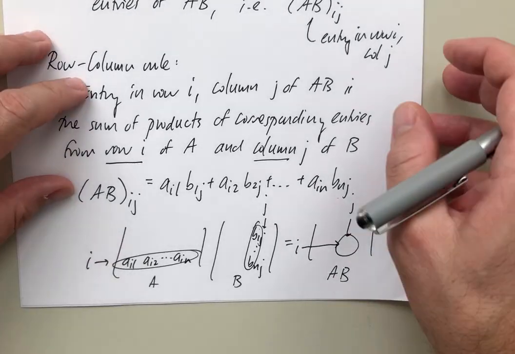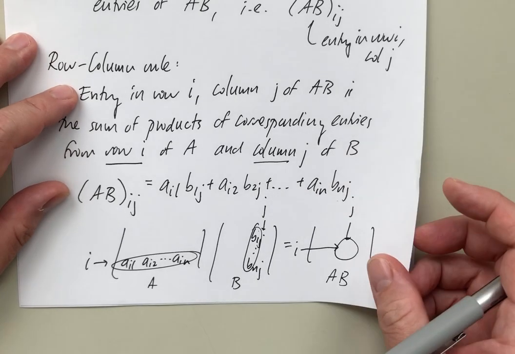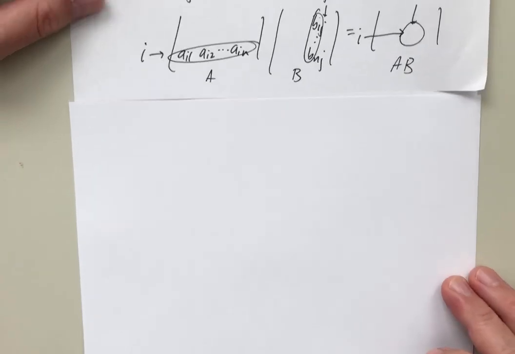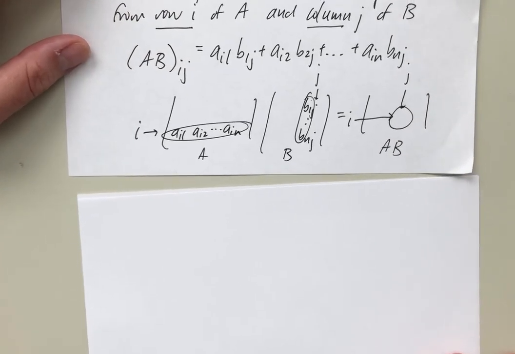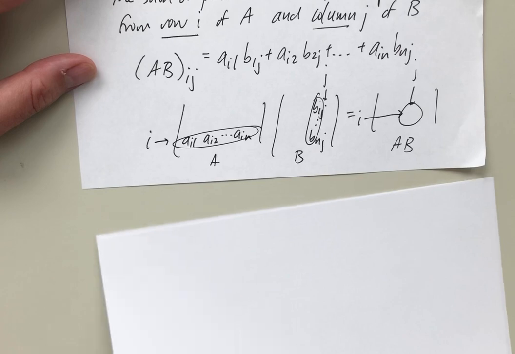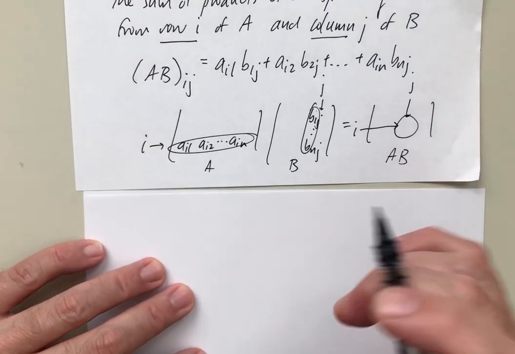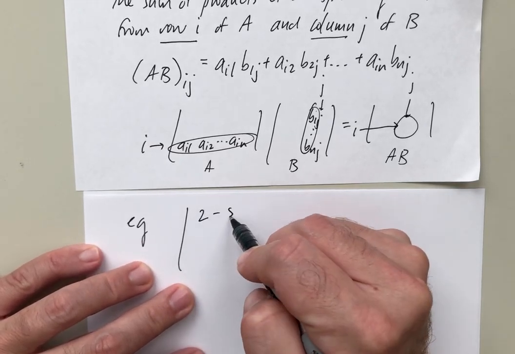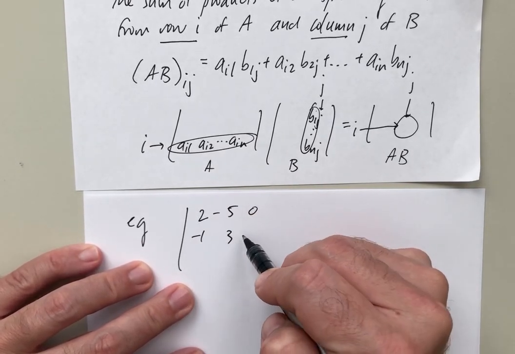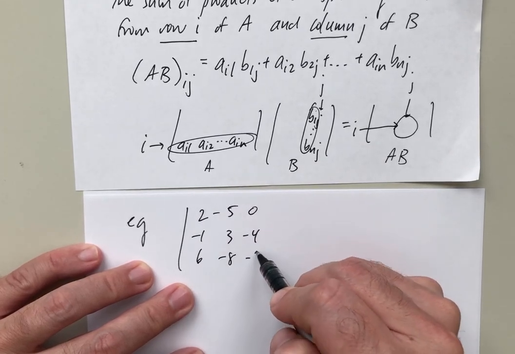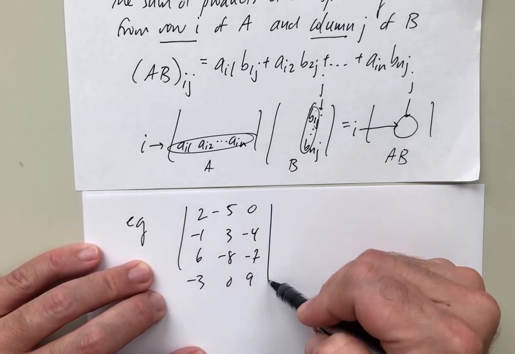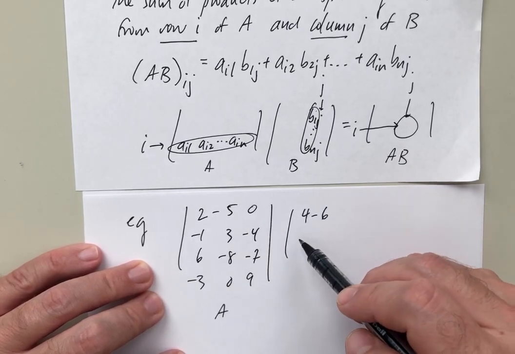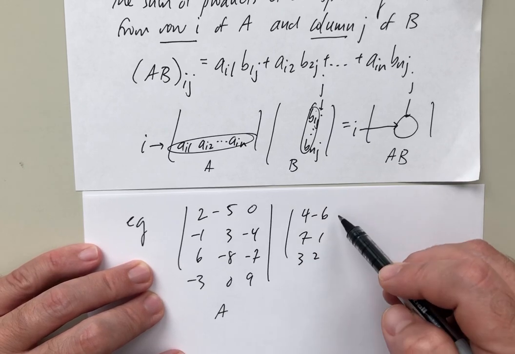A lot to take in, but let's do an example. I think you'll start seeing how this goes with an example. Let me do a big example just to see how all the various indices come into play. Let me take A to be the matrix with rows 2, minus 5, 0; minus 1, 3, minus 4; 6, minus 8, minus 7; minus 3, 0, 9. And I want to multiply it by a matrix B, with rows 4, minus 6; 7, 1; 3, 2.